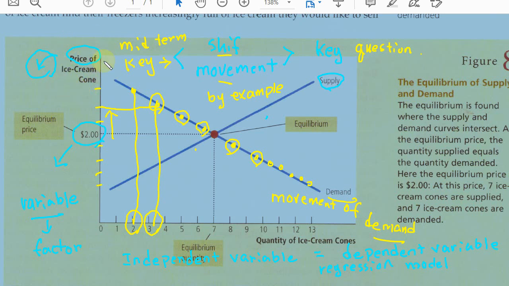Okay, when the price goes down, demand increases; when the price goes up, supply increases. They move in opposite directions, because the interests of supplier and demander are quite opposite.